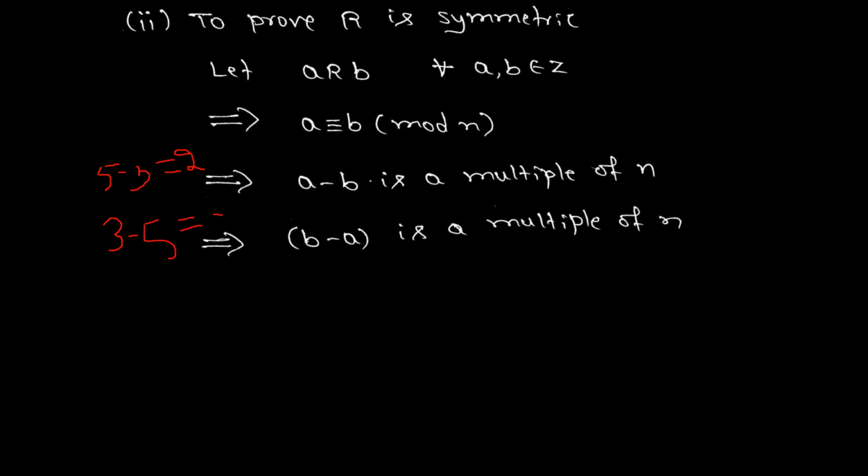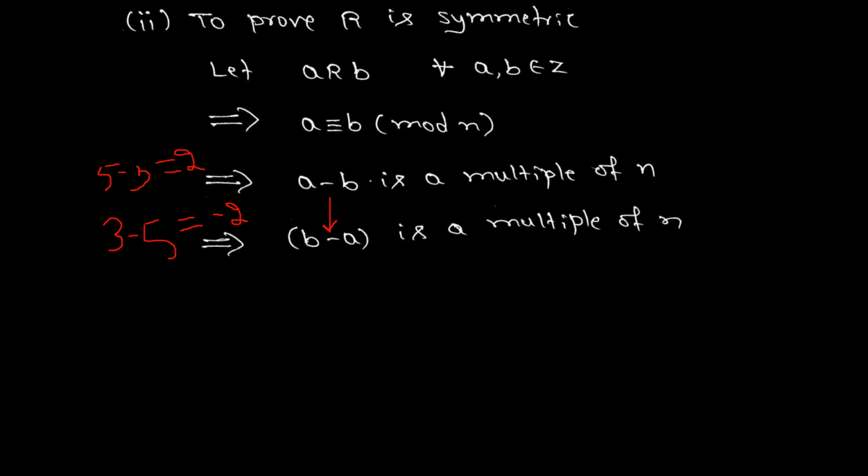Minus or plus, it doesn't matter. The only thing is we need to see whether it is a multiple of that integer or not. So we can reverse the order, and it will still be a multiple of the same integer. So we can write b minus a is also a multiple of n.